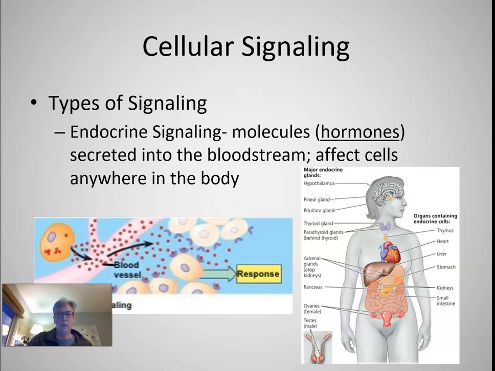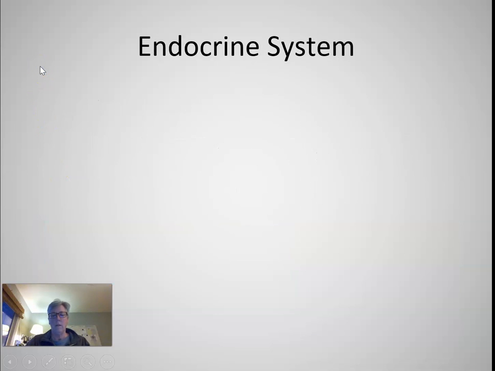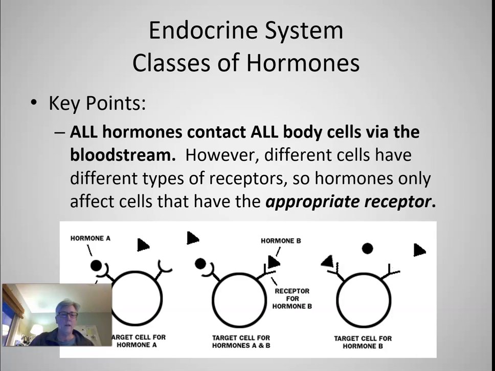They get secreted into the bloodstream, and they travel all throughout our blood, because the blood in our body is going everywhere, and they can affect cells anywhere in the body, in theory.